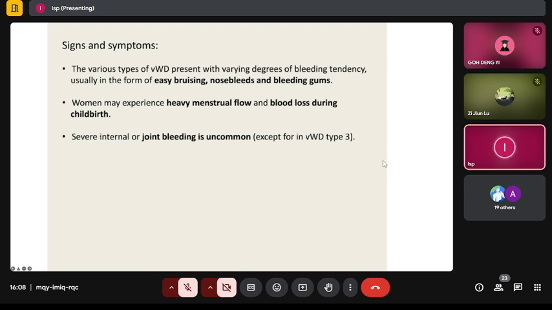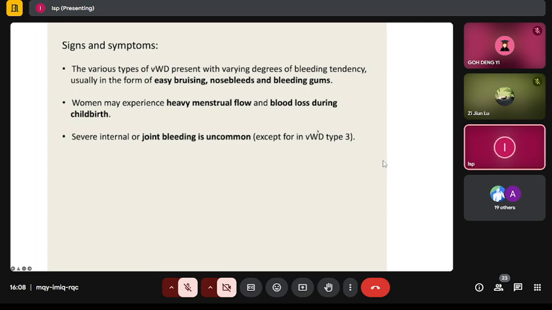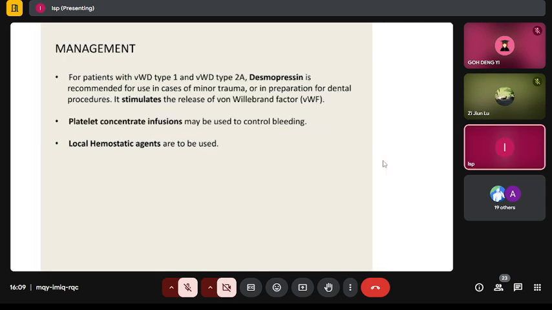Usually very deep bleeding or internal bleeding, like intra-articular, will be uncommon except in type 3. Because in type 3 you have a complete deficiency, and due to the complete deficiency of von Willebrand, your factor 8 may be affected as well. Your number of factor 8 will also get reduced in type 3 von Willebrand. Treatment for von Willebrand disease, you give desmopressin or you replace with platelets to control the bleeding.